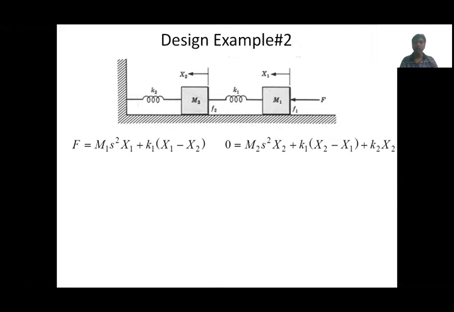Similarly, at the second node the applied force is 0, which is equal to M2 S square into x2, the opposing force at M2, plus the spring opposing force K1 into x2 minus x1, plus the spring K2 opposing force K2 into x2.